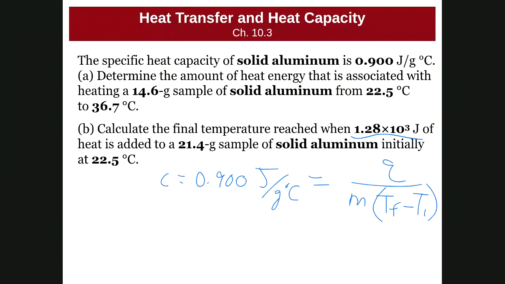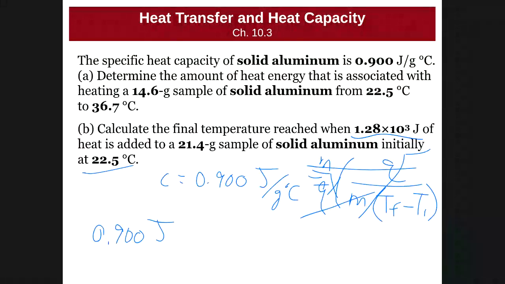This time we want to get T final by itself because they told us what the initial temperature is. So I'm going to take Q over M and multiply by the reciprocal, M over Q, so we can get that on the other side. So 0.900 joules per gram per Celsius, multiplied by our reciprocal, M over Q.